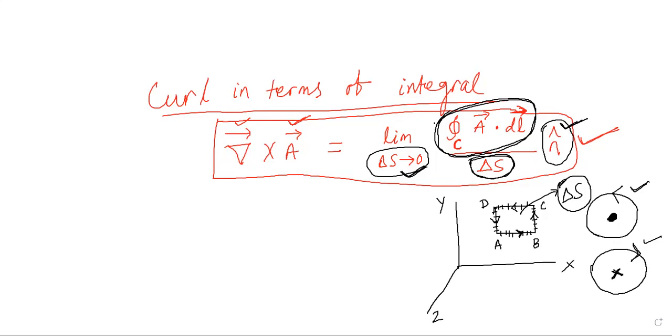This n cap is the unit vector which is normal to this area element. The area element is given by this closed contour. In what direction are you moving? Are you moving from A, B, C, D and then A, or in this direction D, C, B, A and then D? Accordingly you can decide the n cap value.